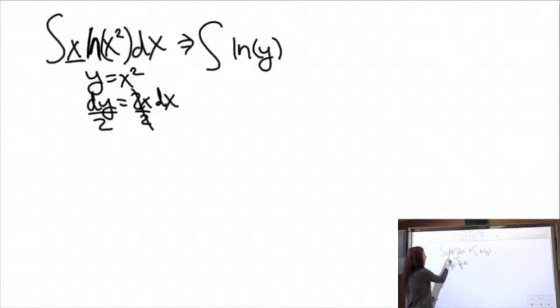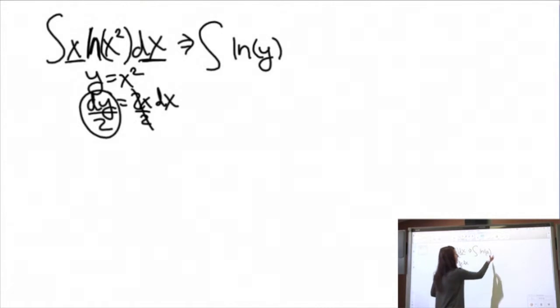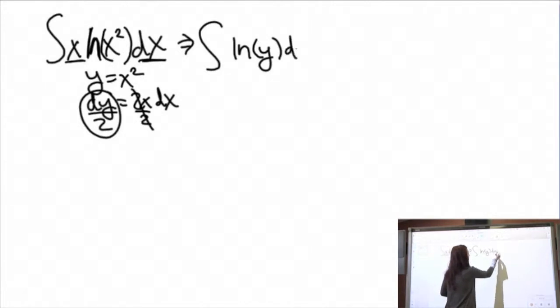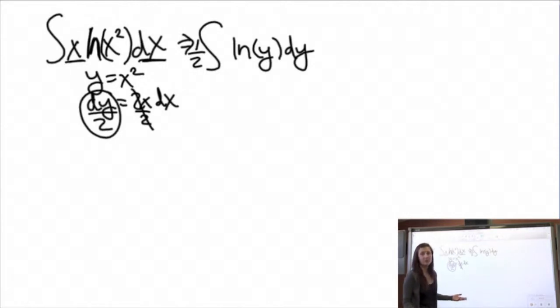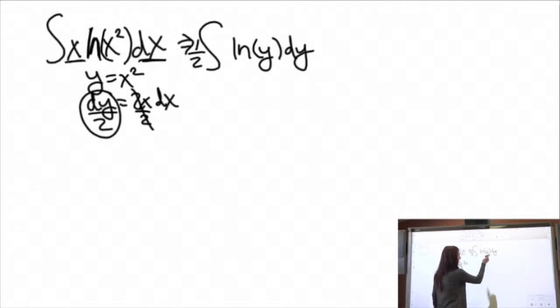So we look for the x and we look for the dx, and we notice that they're both there. So we know that we can substitute our dy over 2 in for those two values. So we have dy, and we can put the 1/2 on the outside to make it easier for us because it is a constant.